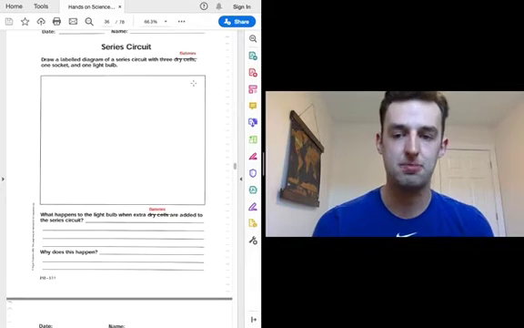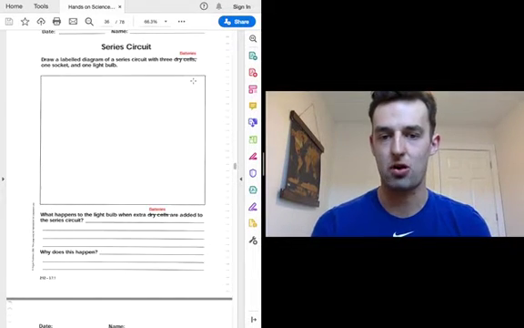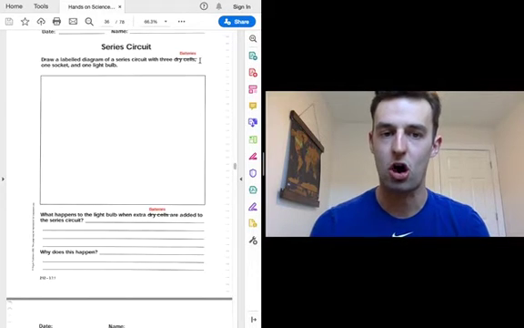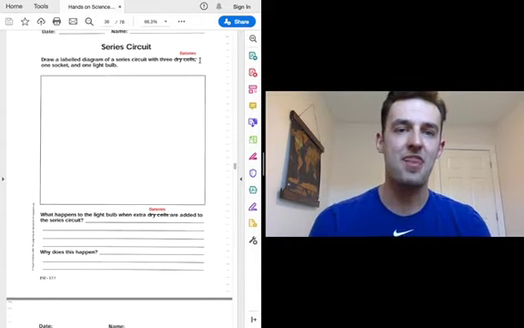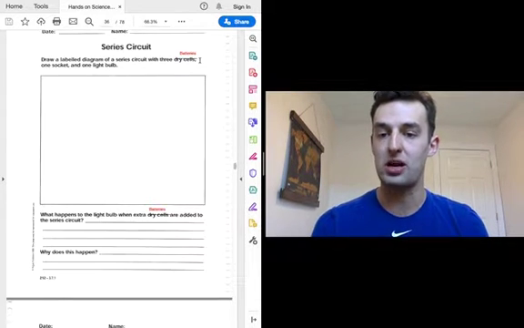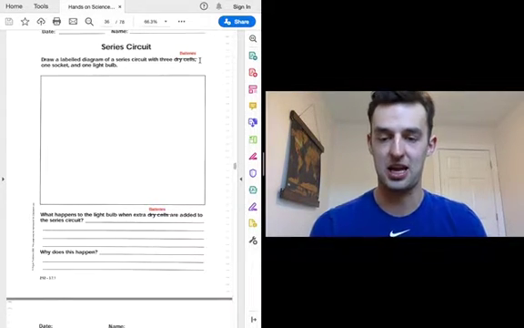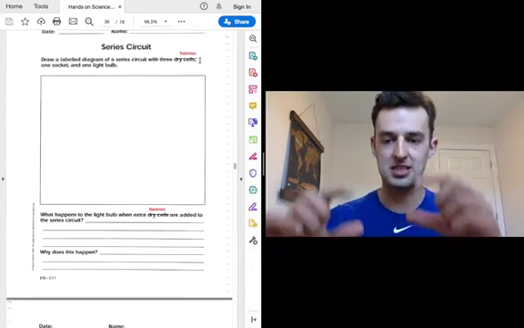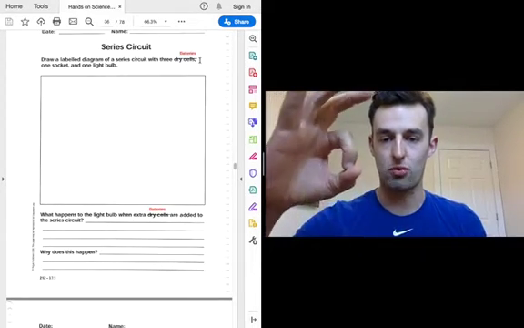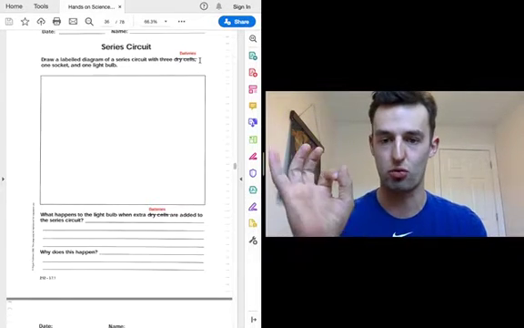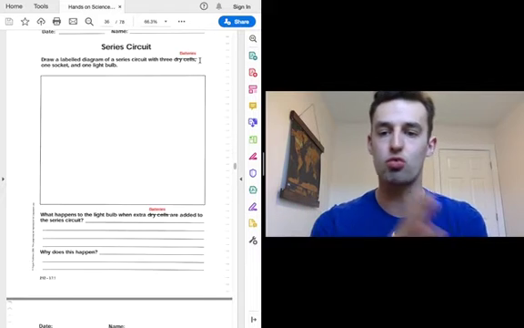On this page, and you'll see it come up again on the parallel circuit, I've crossed off the words dry cells. That's another name for a battery. It's not quite like the battery that we know from our devices, like our remotes. But inside a battery, there are little round circles, almost like a watch battery. Those are considered dry cells.